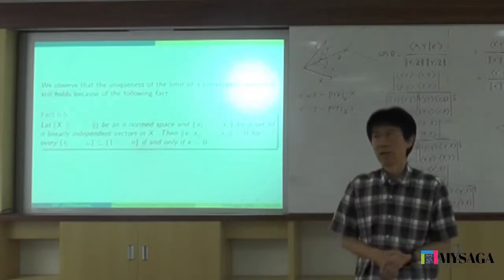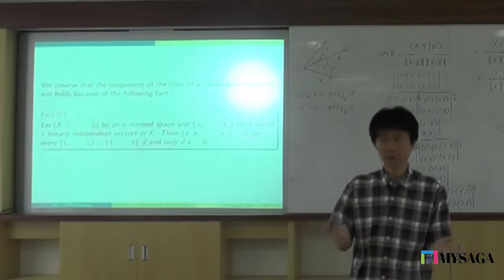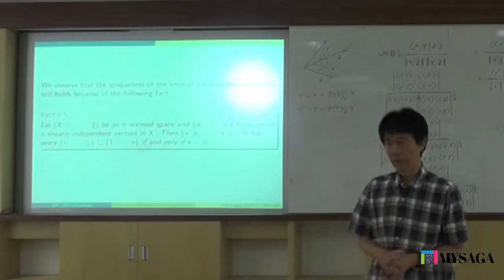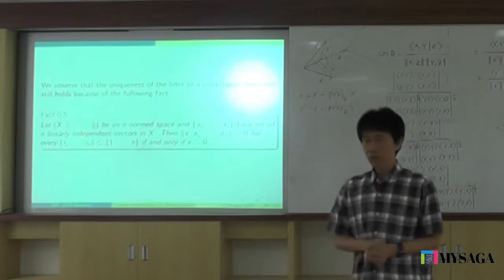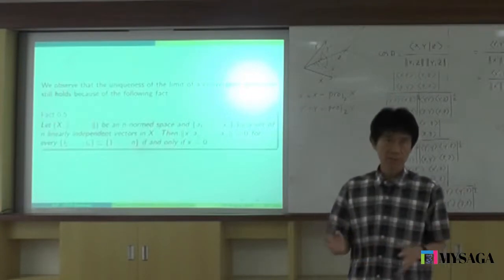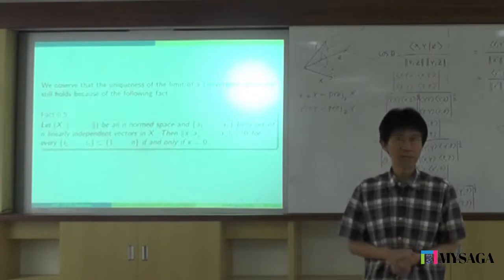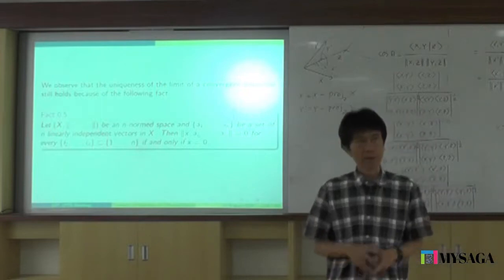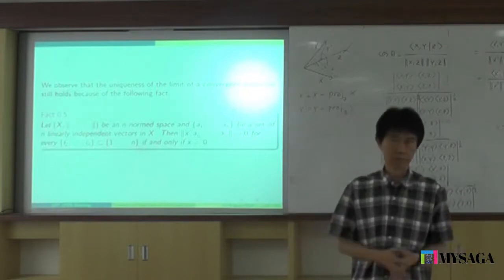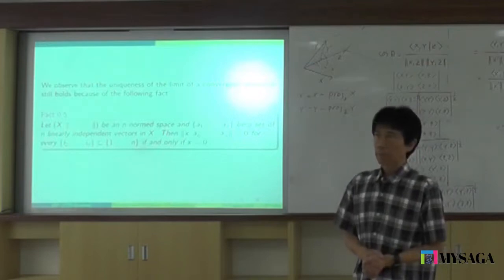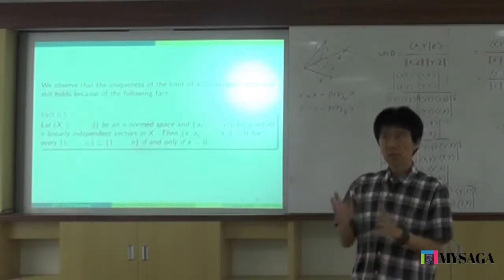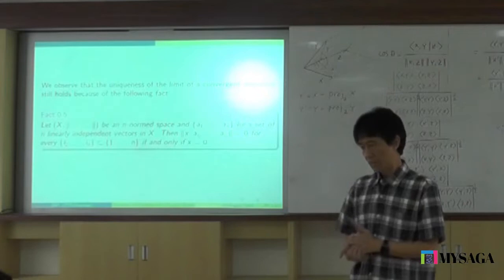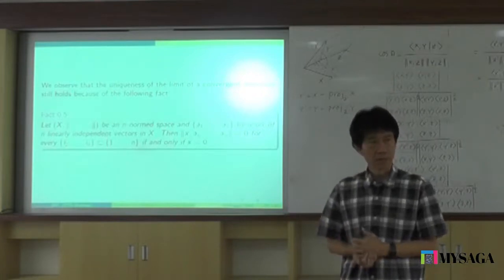Or in infinite dimensional spaces where all norms are equivalent, I use that fact and use some other inequalities and so on. Also in inner product spaces, even if the dimension is infinite, if I have an inner product, then I also get the result by using Hadamard inequality and so on and so on. In LP spaces, that's what I will explain a little bit in my next slides. We can also get the result.